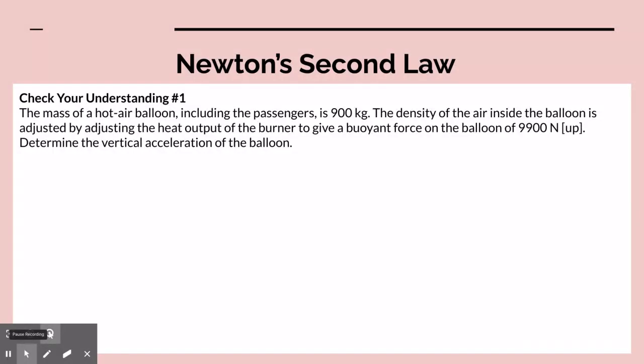Now this one is a little tricky, but at the same time, it's really not. So let's first identify what we know and what we don't know, and then we can start drawing some pictures. We've got the mass of the hot air balloon. So the mass is equal to 900 kilograms. We also know that there is an upward force already.